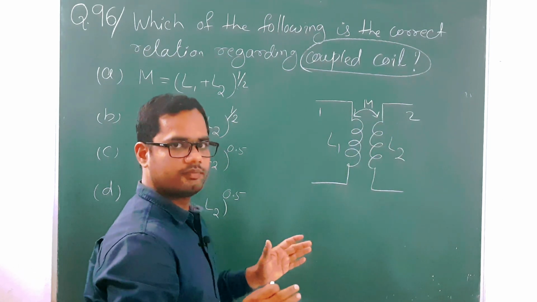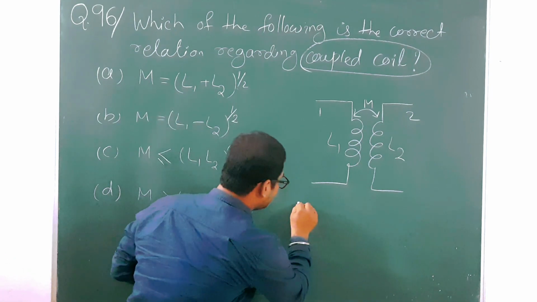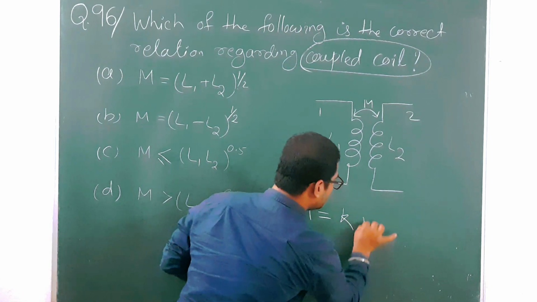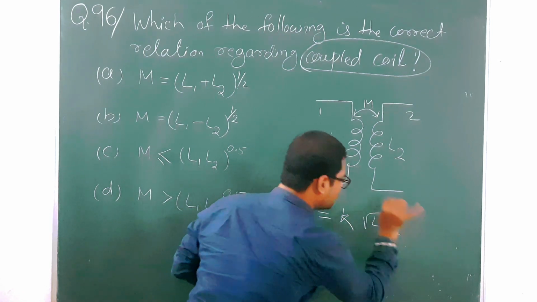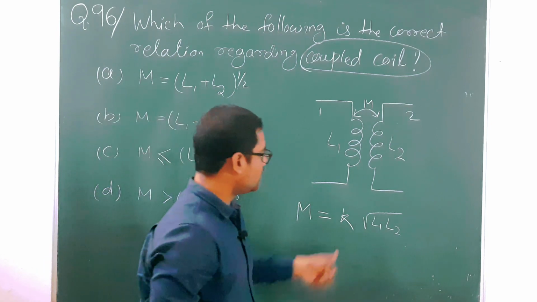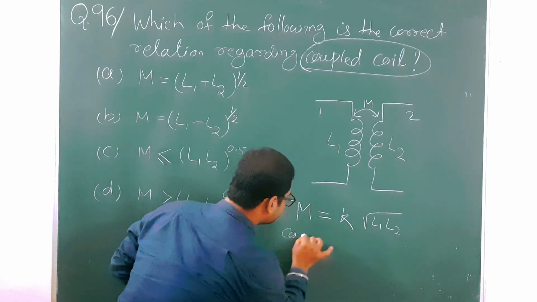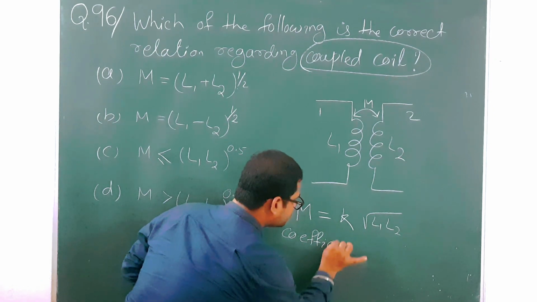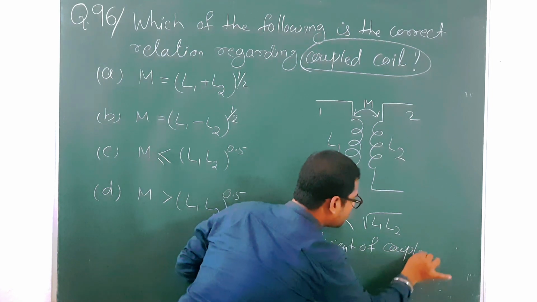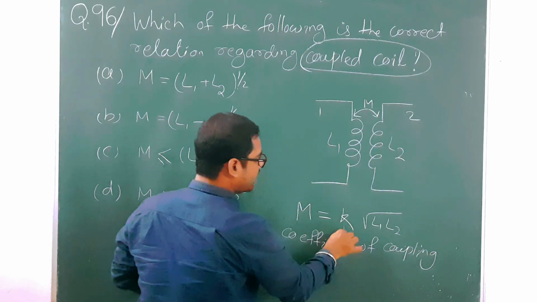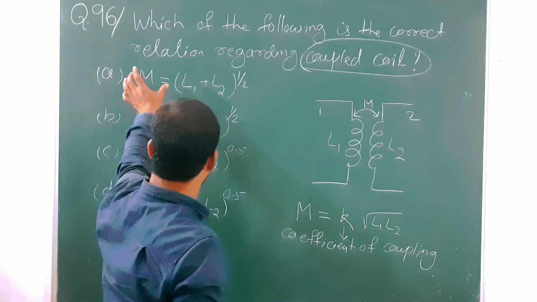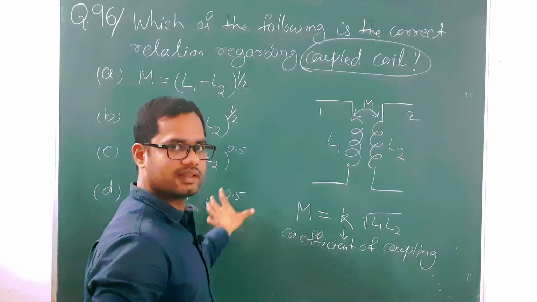And you know that for coupled coils, the formula is mutual inductance M equal to K into root over L1 into L2. So M is the mutual inductance, K is the coefficient of coupling. So here mutual inductance and self inductance are there.